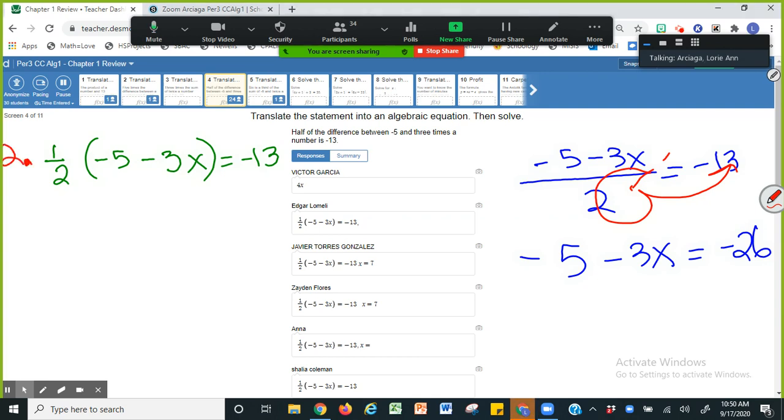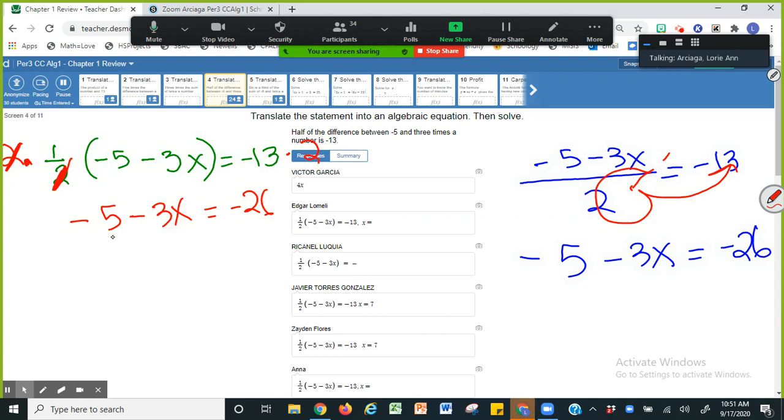You multiply by 2, and you also have to do it to the right. There you go. So whichever you're comfortable with, doesn't matter. If you do this, the 2 and the 2 at the bottom will cancel out. So you'll be left with 1. And you'll get the same thing. -5 minus 3x is equal to -26. So either way, you can solve, and you can get the final answer.